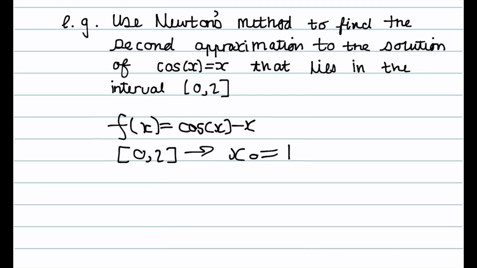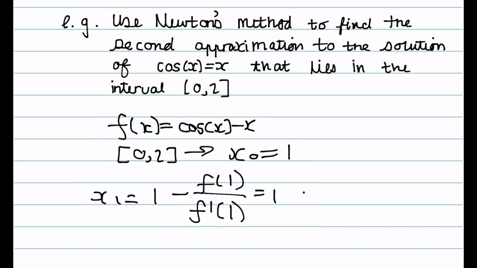So let's use Newton's method to find the first approximation to the solution. In this case, x1 will be equal to x naught, which is 1, minus our function value at 1 over the derivative of our function at 1.